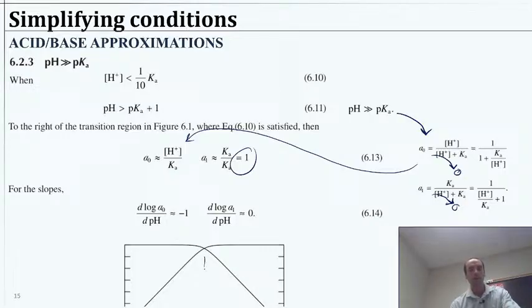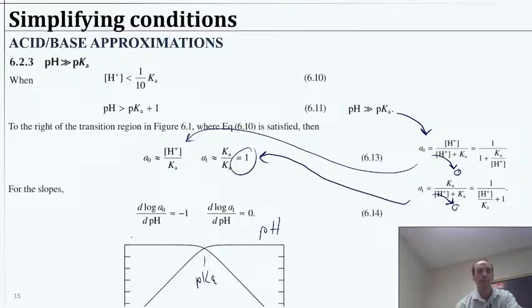If this is the pKa, and we're saying that the pH is off here much further to the right, much larger than pKa, then yeah, alpha 1 is approximately 1, right? So that's kind of where the graph and the algebra intersect. We can see exactly why that simplification ends up working.